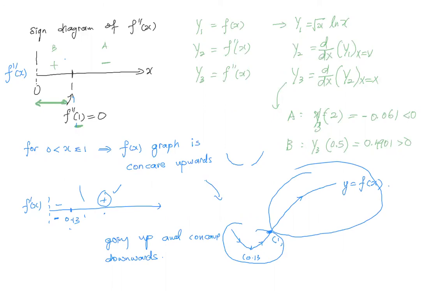Are you okay? So try to use your graphic calculator and sketch all the 3 graphs together and see how it goes. You have all this already, correct? You got all these y1, y2, y3, correct? And you know the stationary point and the inflection point of f(x) are very close, correct?